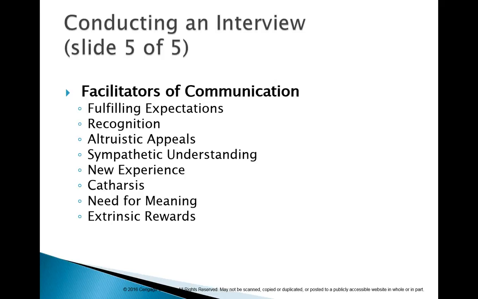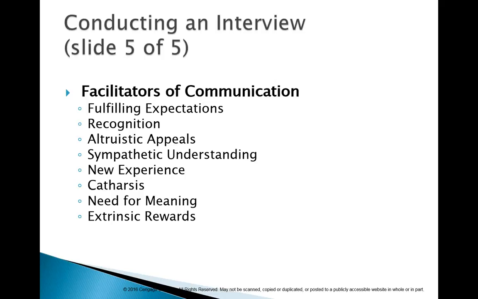So there are altruistic appeals that make people feel like they're doing the right thing, and that oftentimes facilitates them giving you information. Sympathetic, right? If they're sympathetic with you or you're sympathetic with them, and they feel like you understand each other, then they're more likely to give you information.